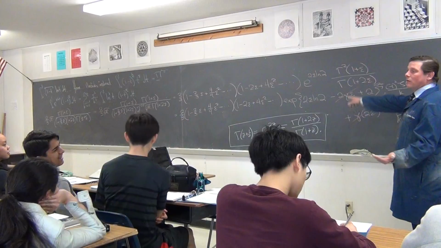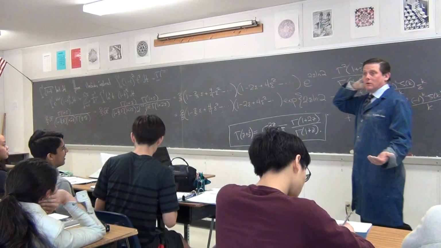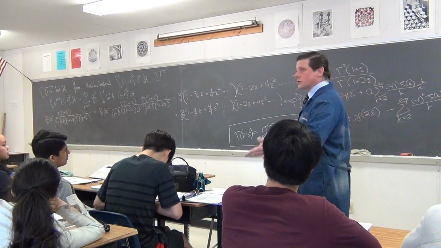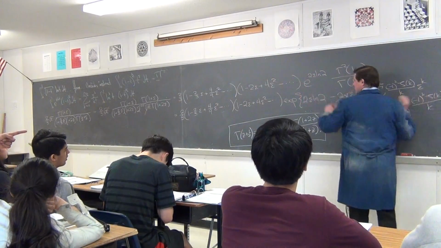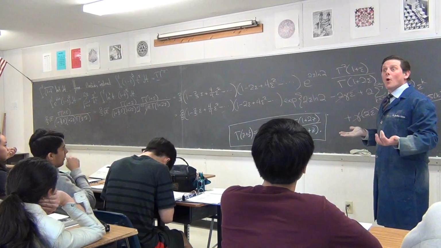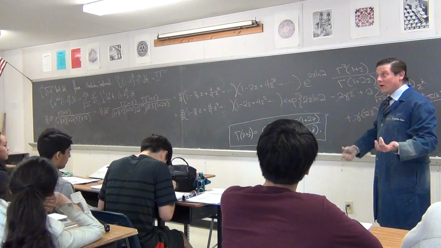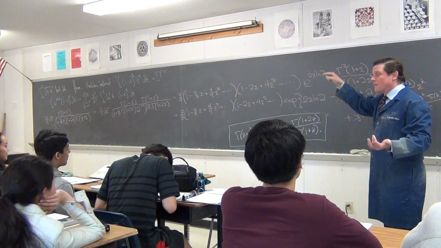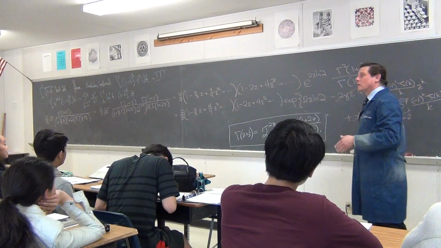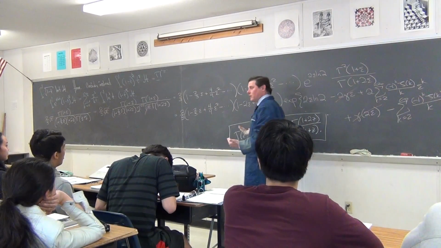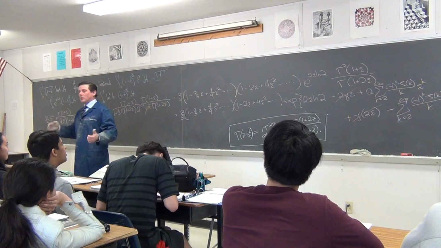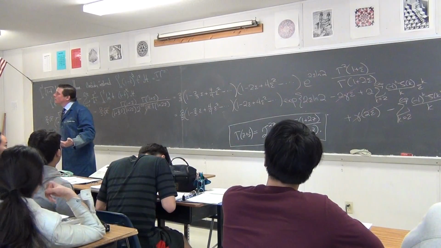So now the pink exponential will be 1 plus stuff in braces plus 1 over 2 factorial stuff in braces squared plus 1 over 3 factorial stuff in braces cubed plus on and on and on.